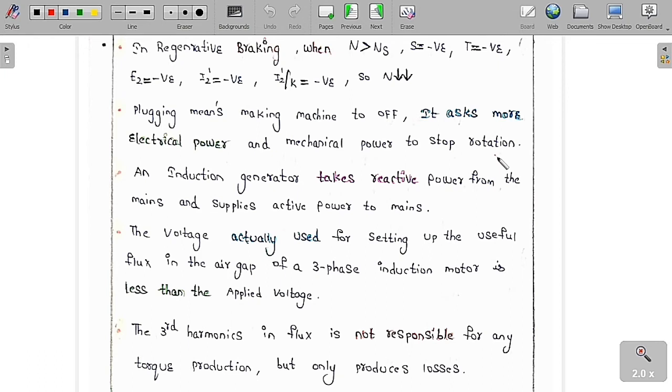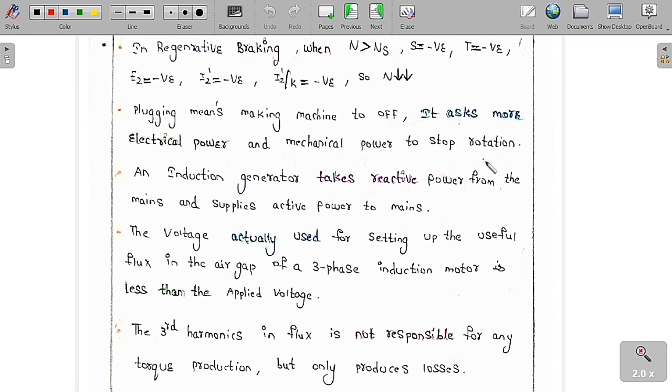So whenever the rotor speed becomes zero, you just have to switch the supply off. So plugging means making the machine off, and it asks for more electrical power and mechanical power to stop the rotation.